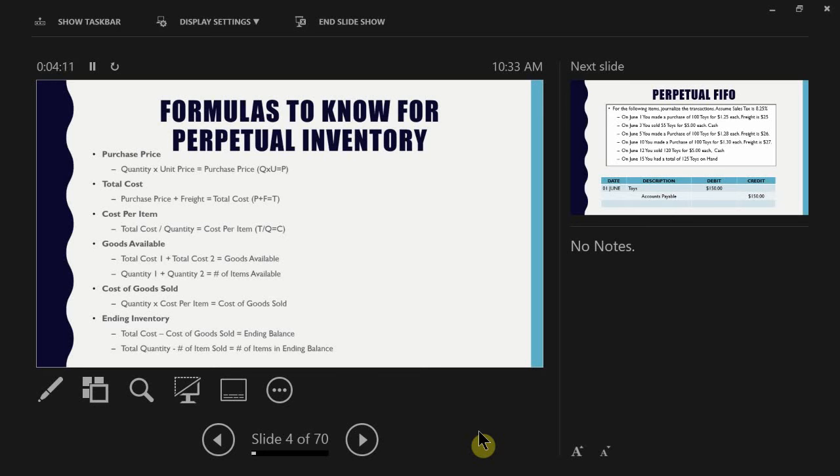And of course, ending inventory is going to be taking our goods available and subtracting out our cost of goods sold. So in this case, total cost minus the cost of goods sold should give you your ending inventory. Okay.